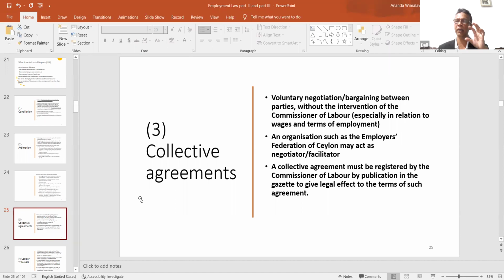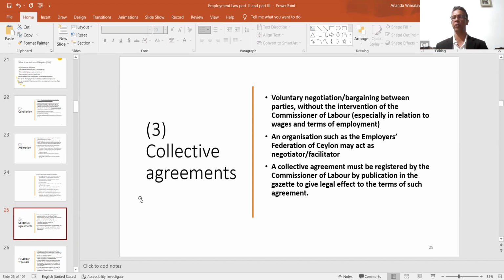So the trade union, not individual workers, the trade union representing the workers, prepares an agenda on how to increase wages during the next couple of years, how overtime should be paid, and what the leave entitlements are. They discuss.